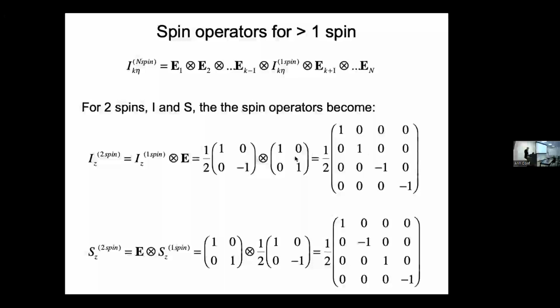So my identity operator here isn't normed the same as the IZ operator. So in principle, I should have a factor of 1/2 here as well. But all that does in this case is change the overall norm here, and it's conventional to do it this way.